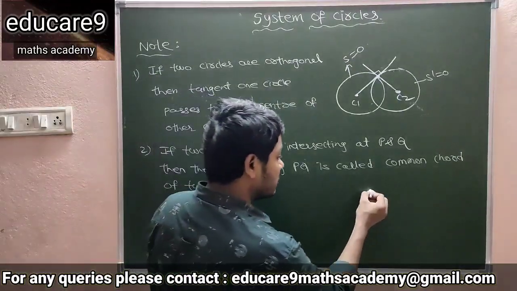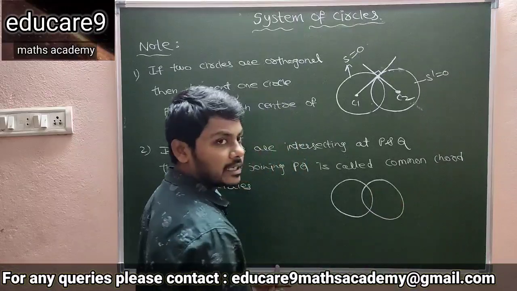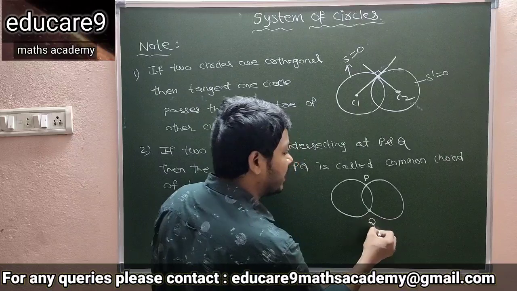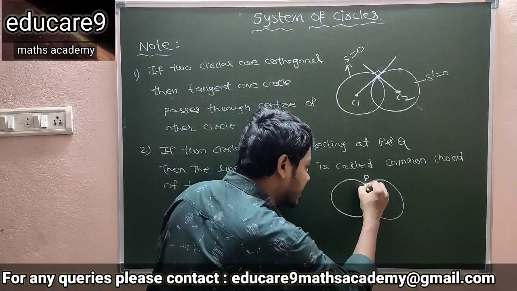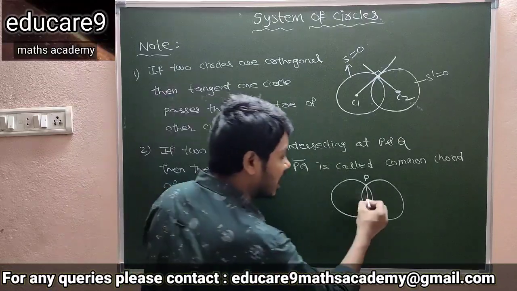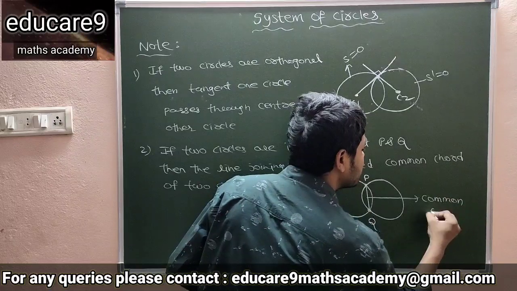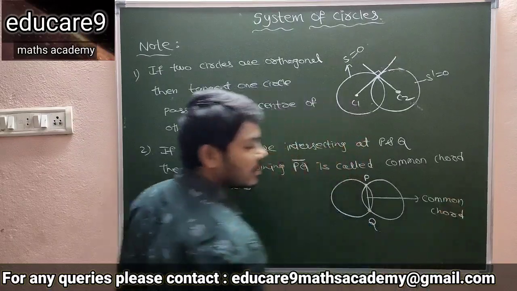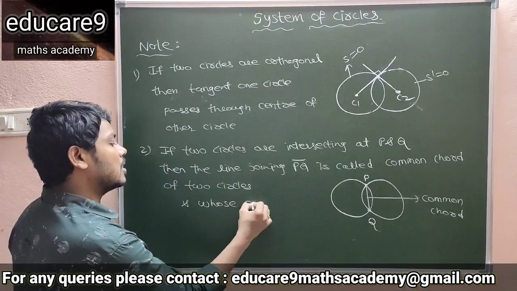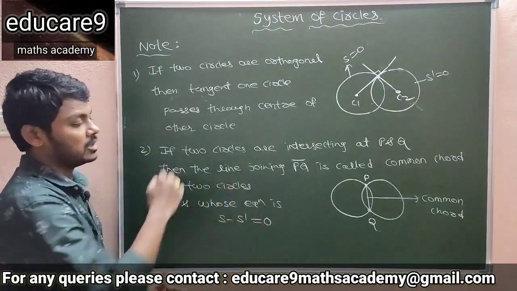So see here, these are two intersecting circles and they intersect at points P and Q. The line joining P and Q is called the common chord of the two circles, and its equation is S minus S dash equals 0.